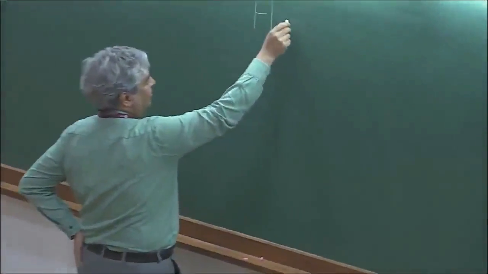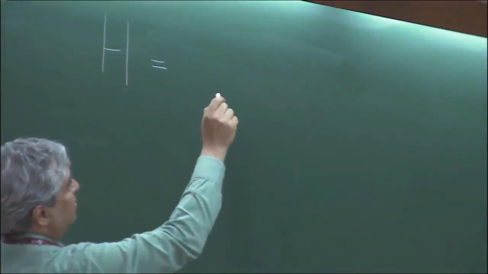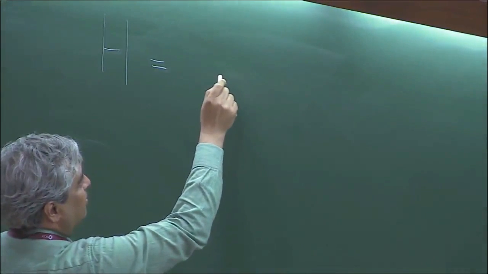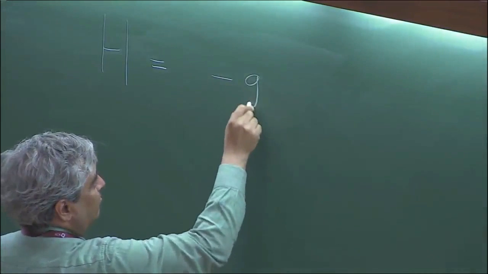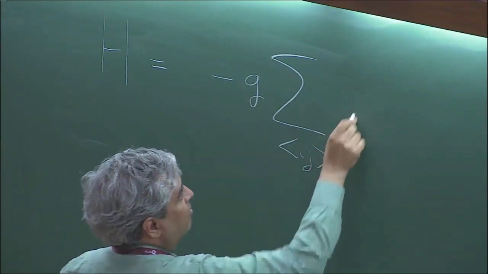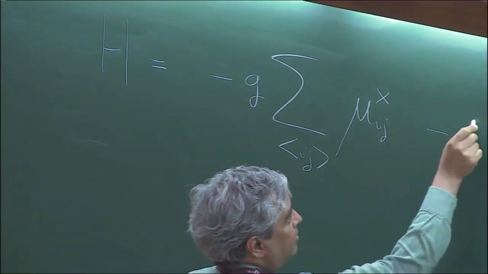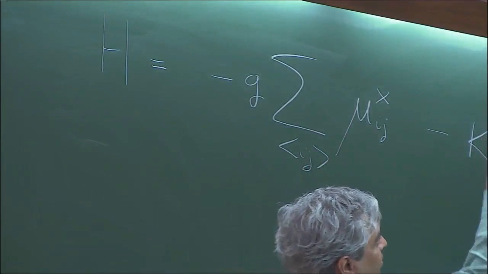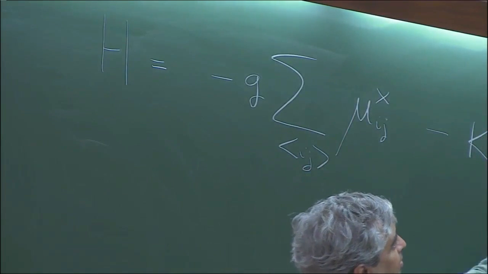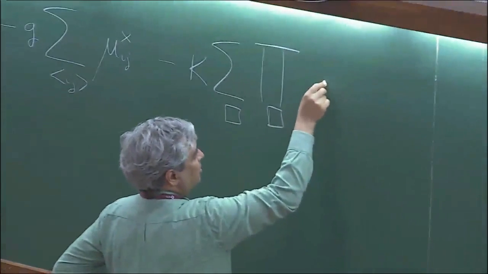Well, let me just write down a Hamiltonian in 2 dimensions. This is what you'd call a pure gauge theory, which was, keep the same notation, H = minus G sum on every bond of mu x ij, minus K sum over every plaquette of the product around the plaquette of mu z ij.